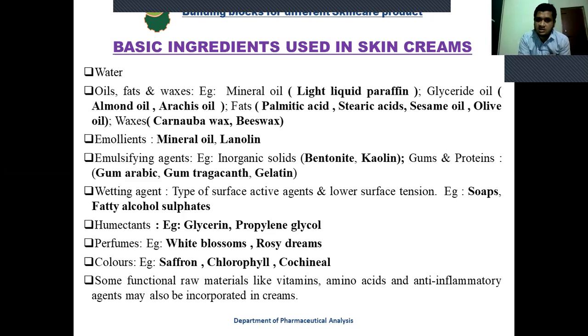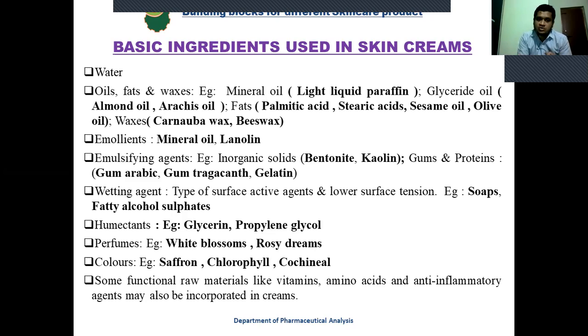This is called instability. But we have to make a stable form. So whenever we mix water and oil together, they should be mixed properly and be a stable mixture for a long time.